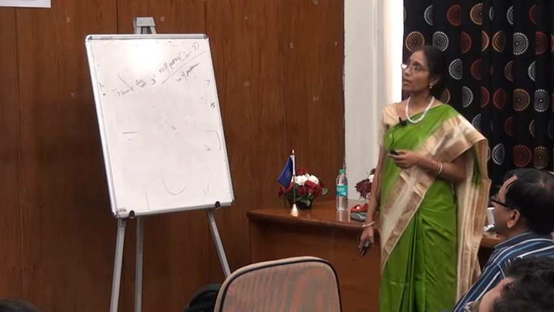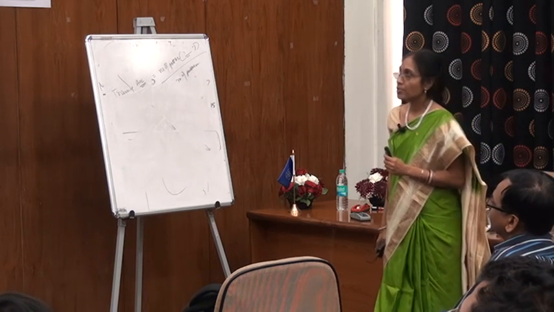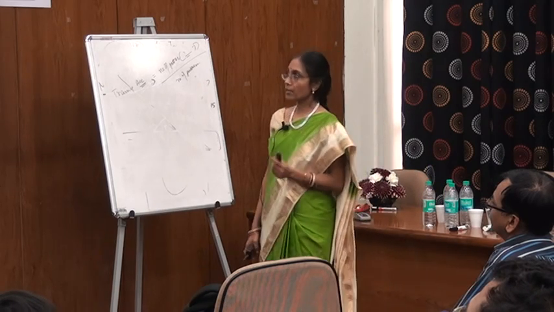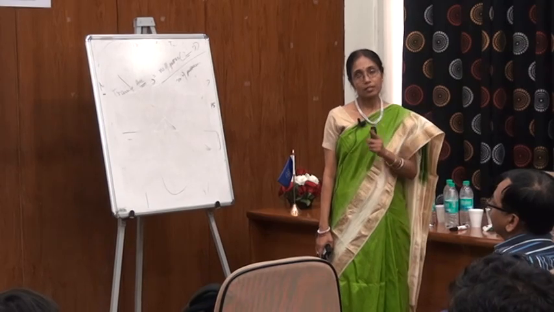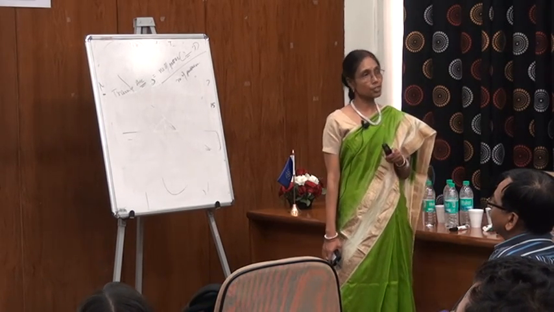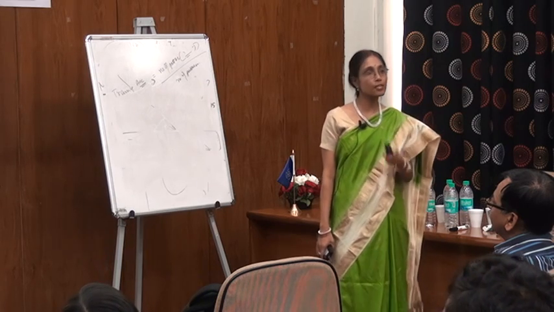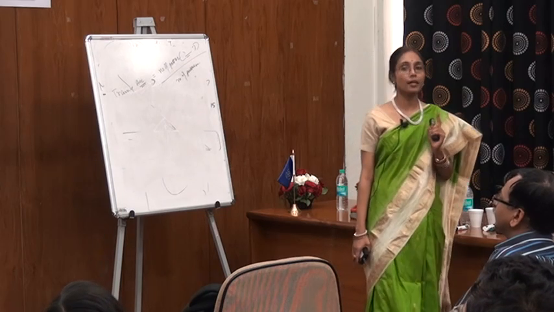So if we start with genetic algorithms, what are genetic algorithms? As I told you, genetic algorithms are adaptive computational procedures. If the environment gets changed, it will change on its own automatically so that it can cope with the changing environment. This is one of the good criteria of any algorithm.